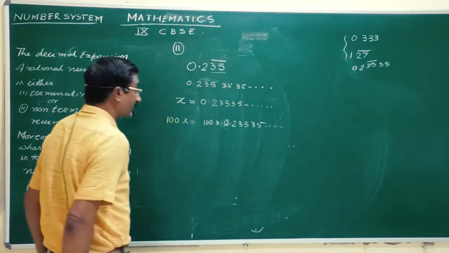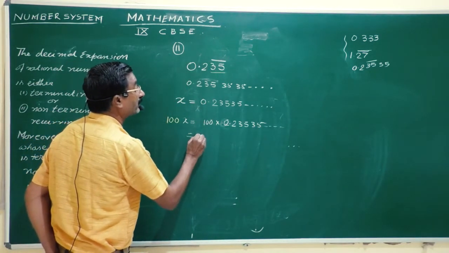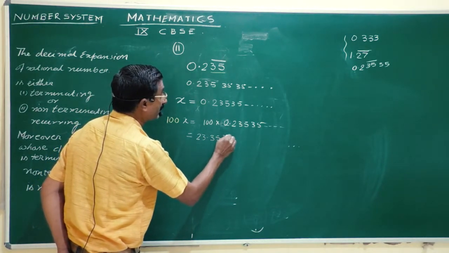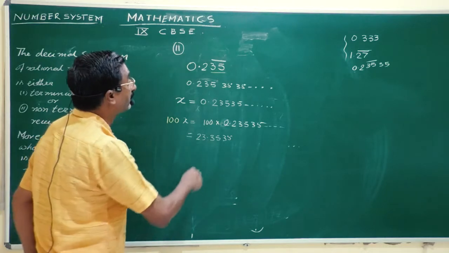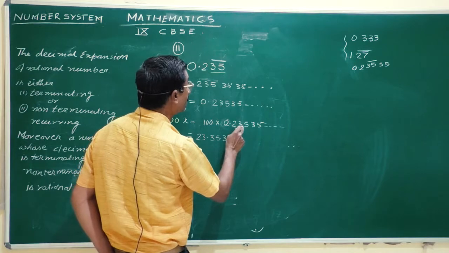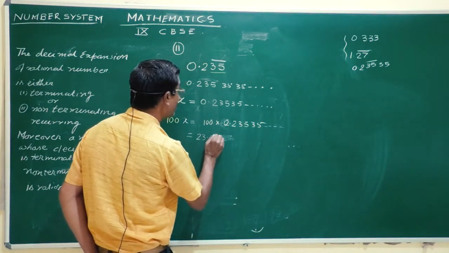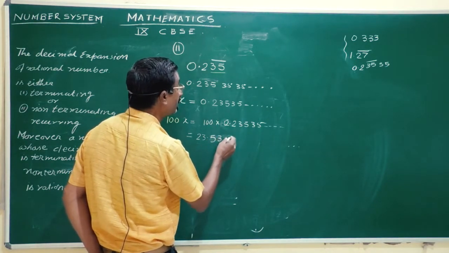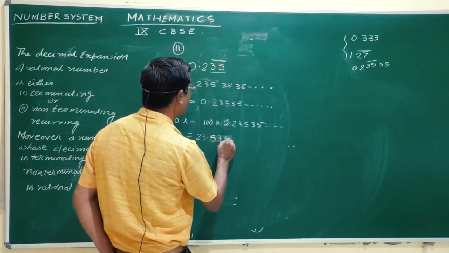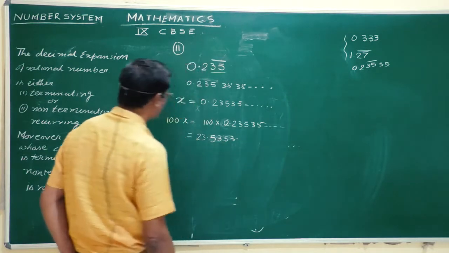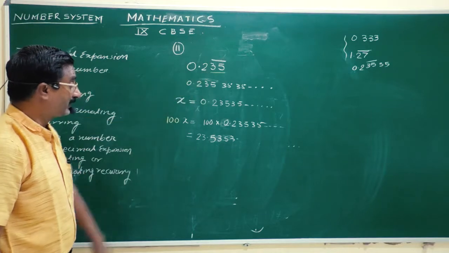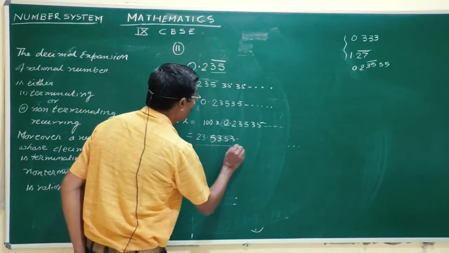This is repetitive in nature. So that is 23.5353. Clear?